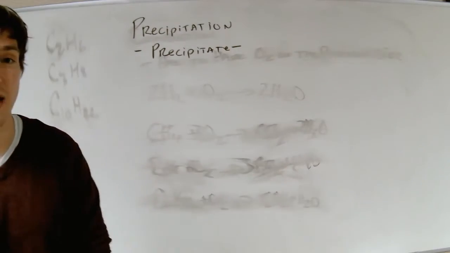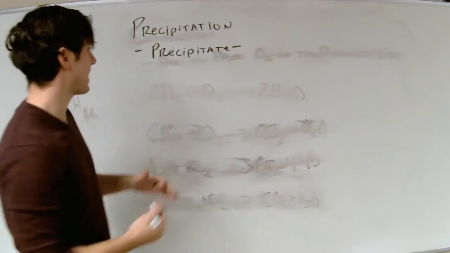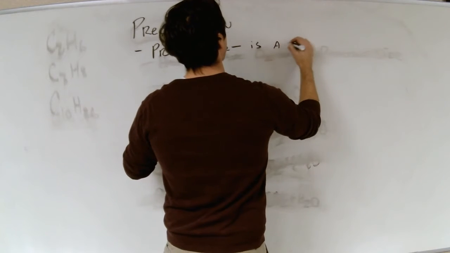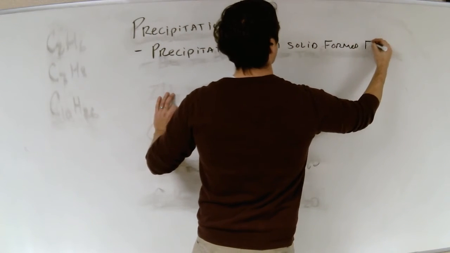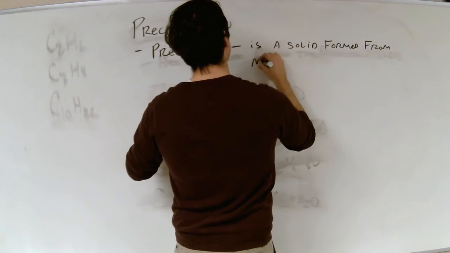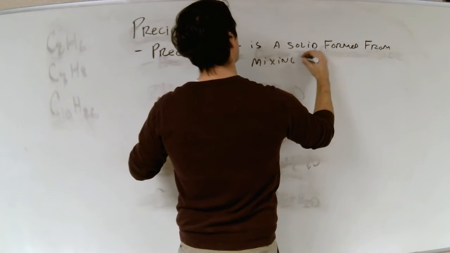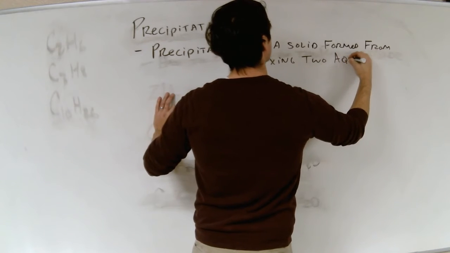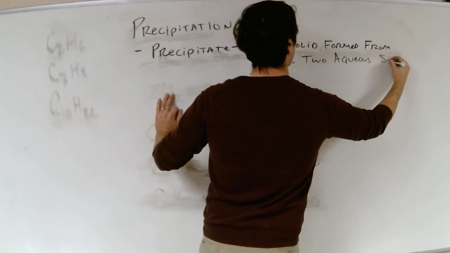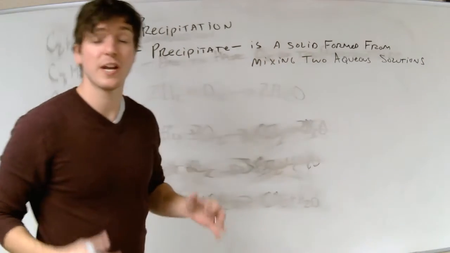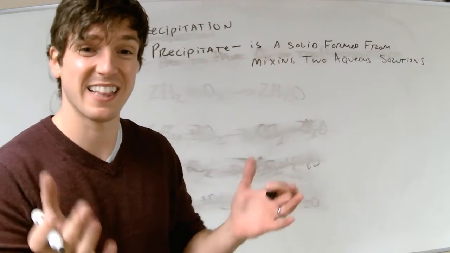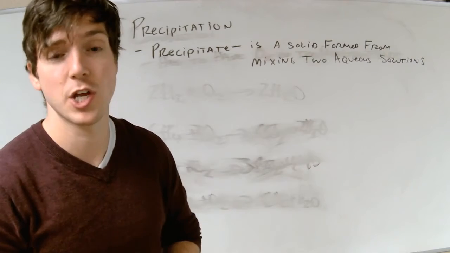And you might be like, what the heck is a precipitate? A precipitate is a solid formed from mixing 2 aqueous solutions. So we observed this when I mixed that potassium nitrate and that lead iodide together and made that orange liquid.